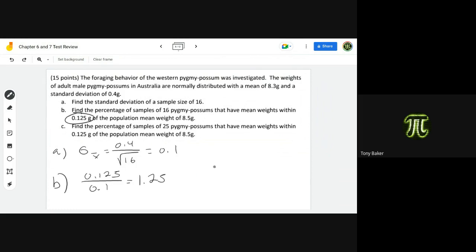So if we look at my Z table, we're going to look for negative 1.25. You get 0.1056. And then if we do the positive one, 0.8944.